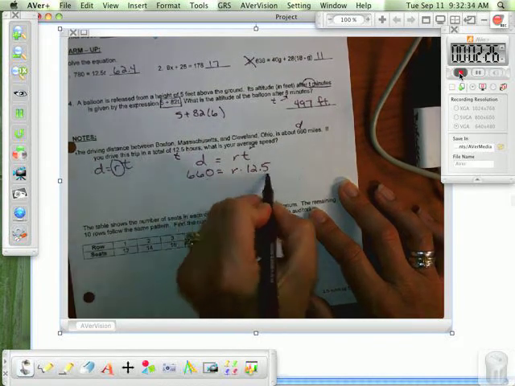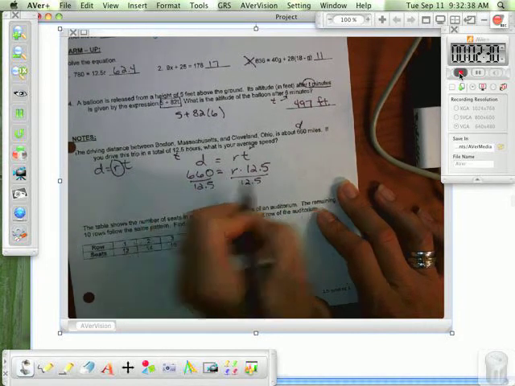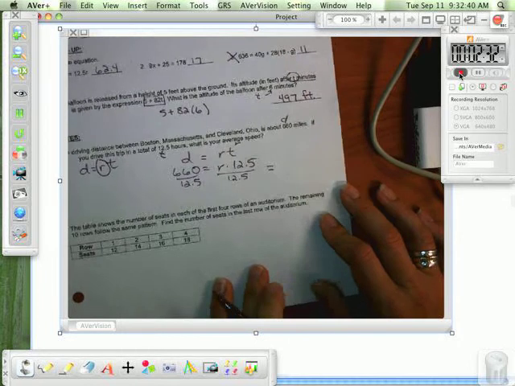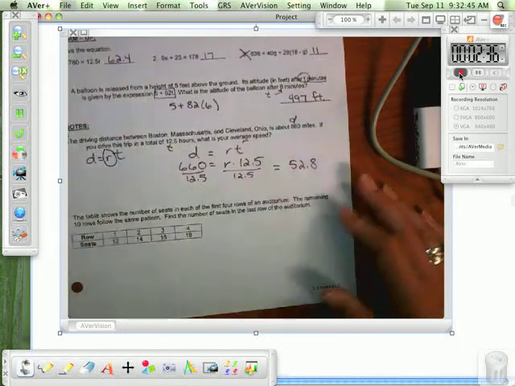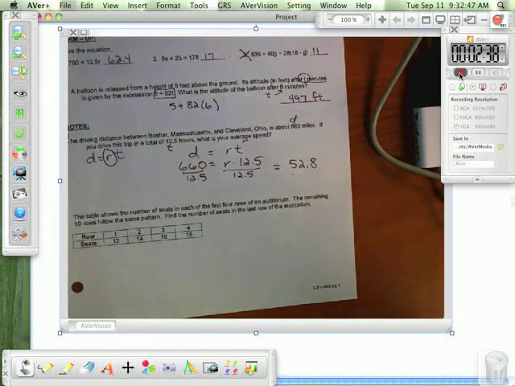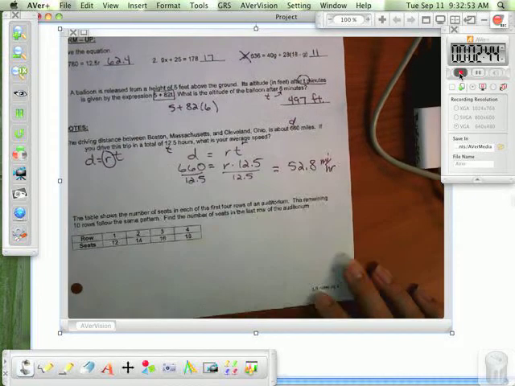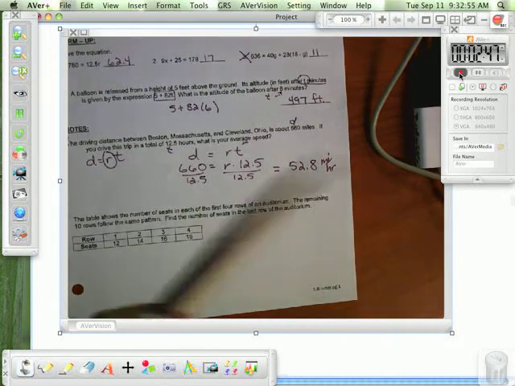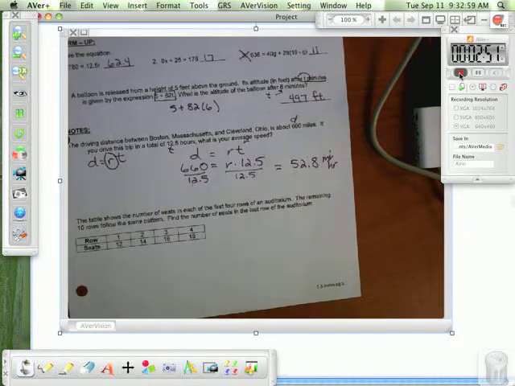And divide by 12.5 equals 52.8. When you're talking about how fast you're driving, how do we express that here in this country? Miles per hour. Which is exactly what I did. I did the miles divided by the time. Miles per hour. That one was good, wasn't it?